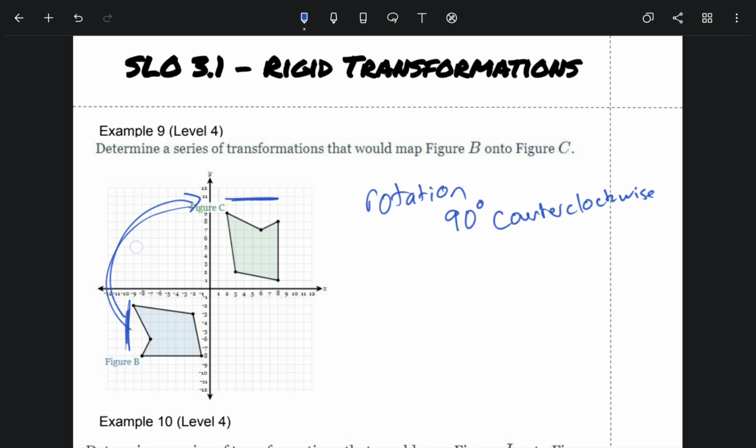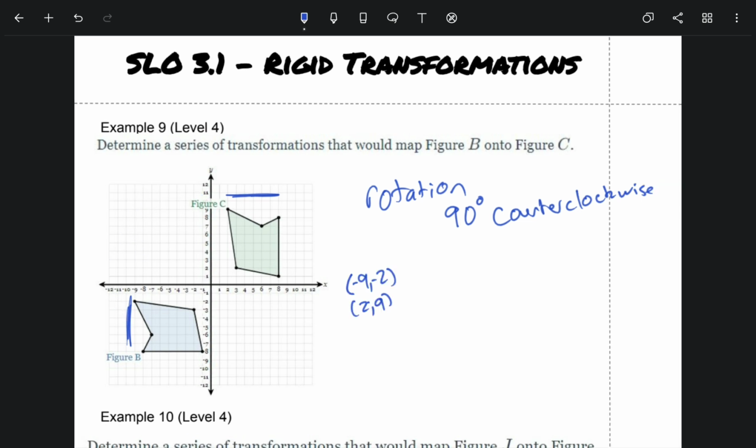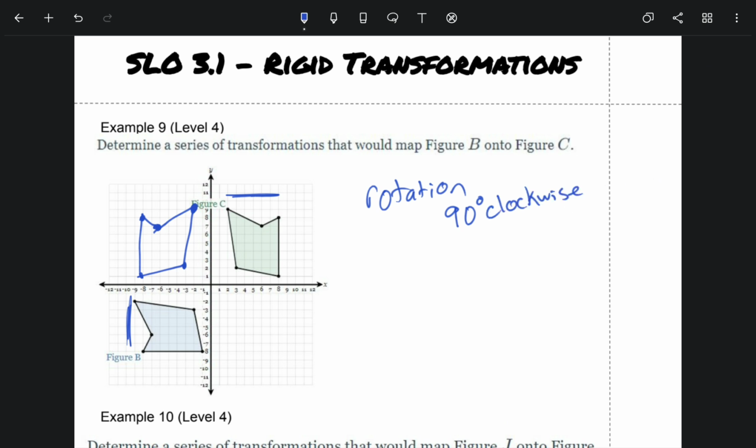Let me go ahead and plot that for us. I lied, this is 90 degrees clockwise, by the way. There we go, so we've rotated it clockwise. And it looks like now all we gotta do is reflect our image across the y-axis.